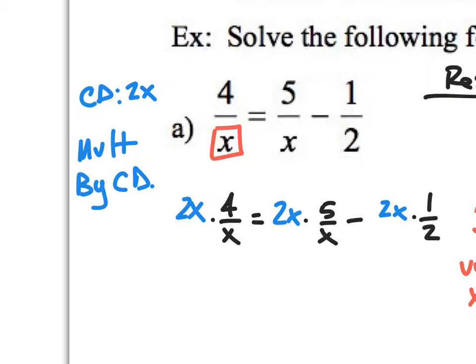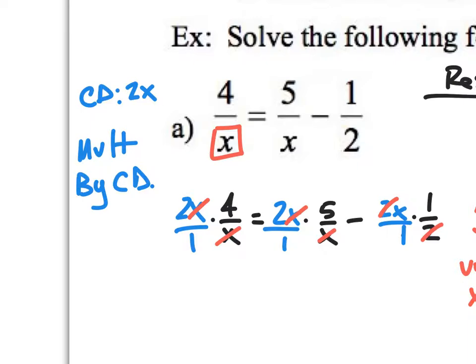I'm going to put all of these over 1 here, but we want to think about why I'm doing this. What I do when I do this is eliminate all of the fractions. So we have to think about what things divide out at this point. My x's are going to divide out here, my x's are going to divide out here, and my 2's are going to divide out here.